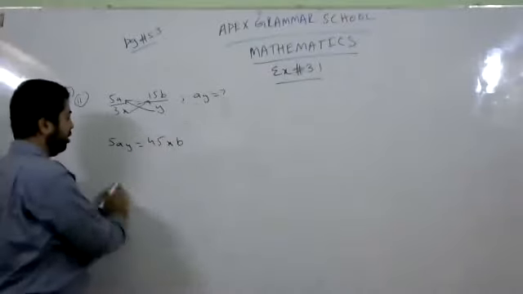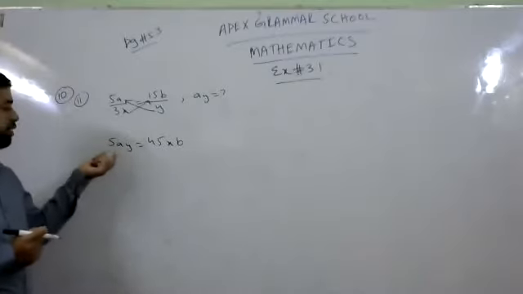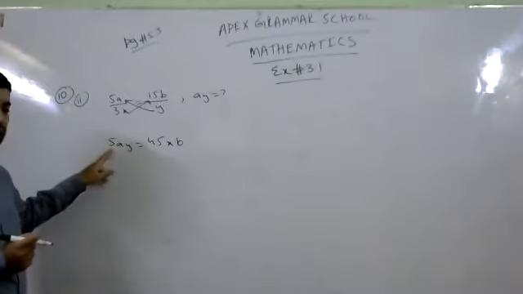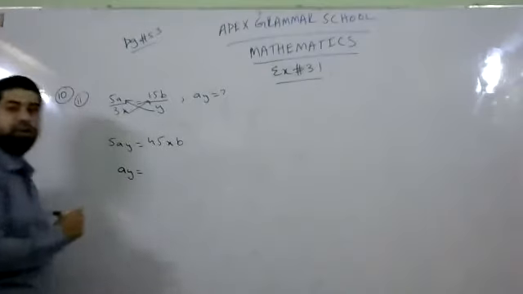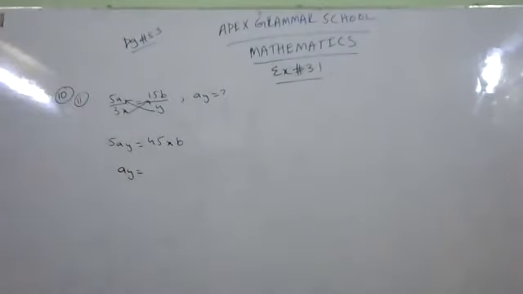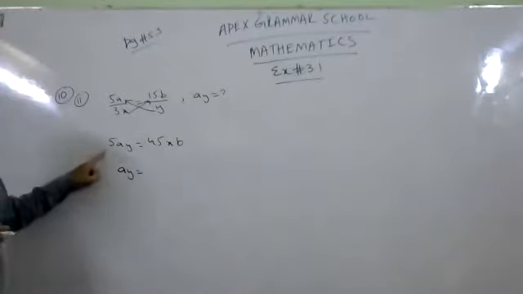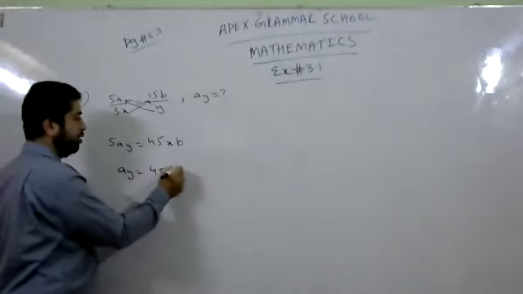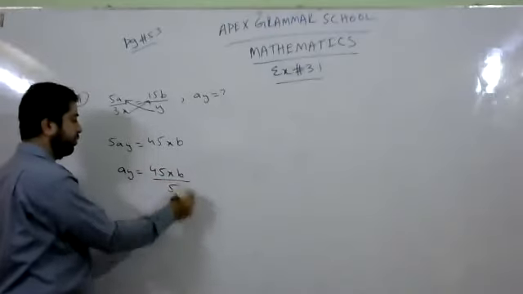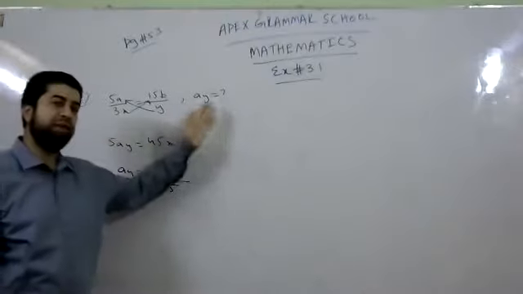Now you need to find the value of only y. Actually, ay is already present here. To make the steps easier, this 5 will divide on the other side: 45xb divided by 5. Now you are left with ay, for which you need to find the value.